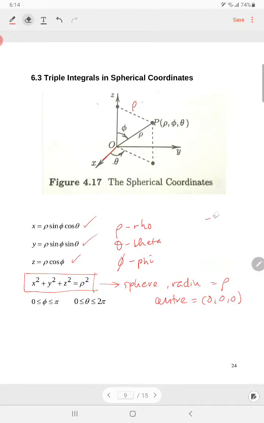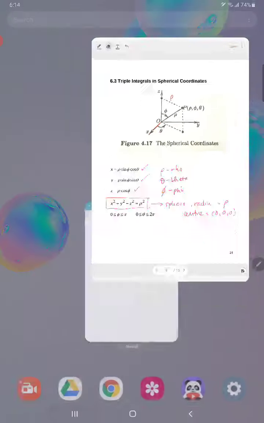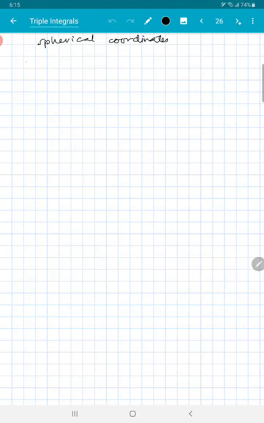I need more room. Theta is measured the same way as in cylindrical: you start from the positive x-axis, anti-clockwise direction. So when you have theta equals a constant, what you have is really a vertical plane.